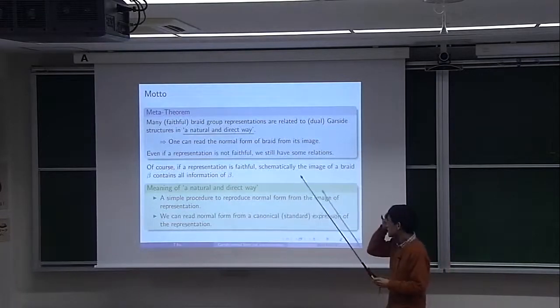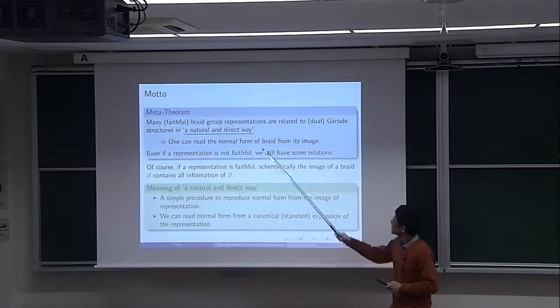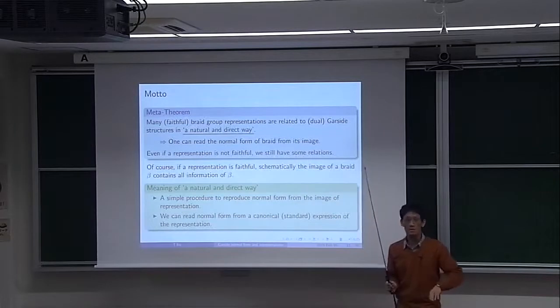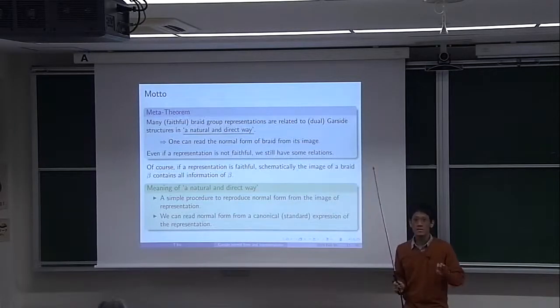And the second point is that in a representation we have various expressions. For example, when a representation is a linear representation, to express a braid as a matrix, we need to take a basis of the representation, and if we take a different basis, then its image as a matrix changes.